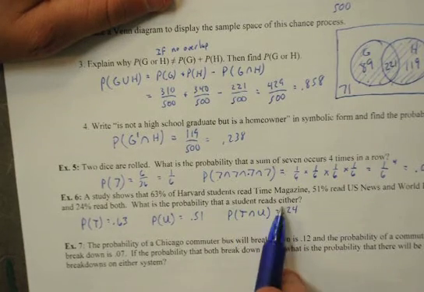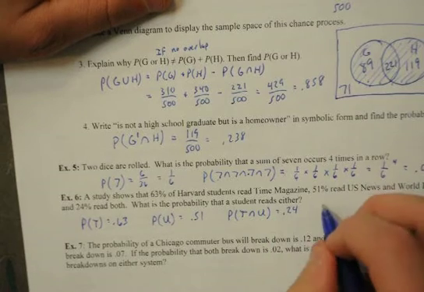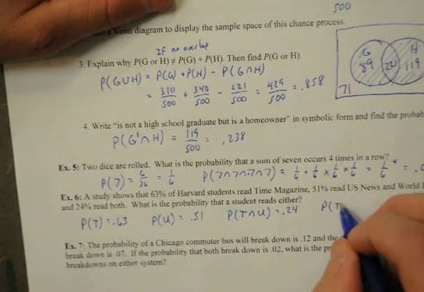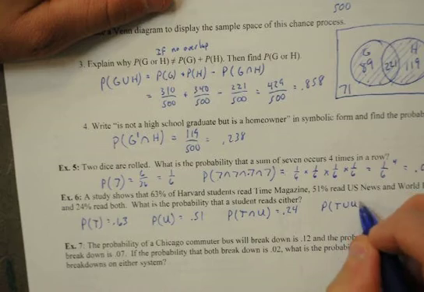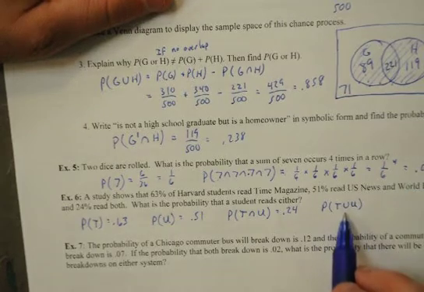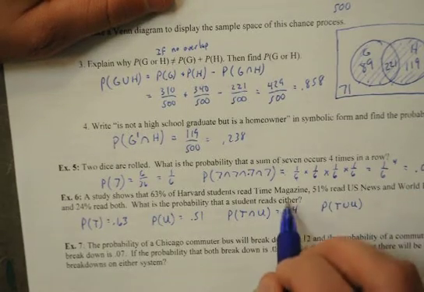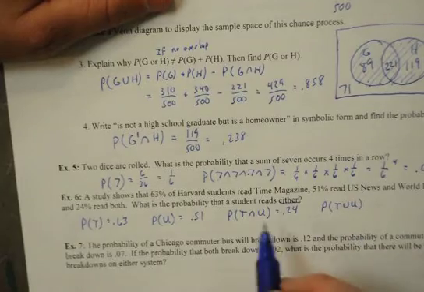What is the probability a student reads either? So I'm going to use the U for union. Either means union.